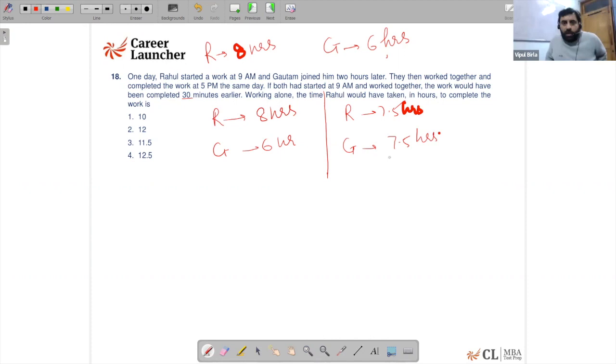From this we need to calculate the efficiency of Rahul as well as Gautam, right? So one way of looking at it is, let's say Rahul completes the work in R hours while Gautam completes the work in G hours. I know Rahul worked for 8 hours.